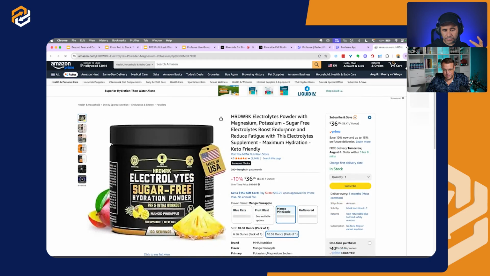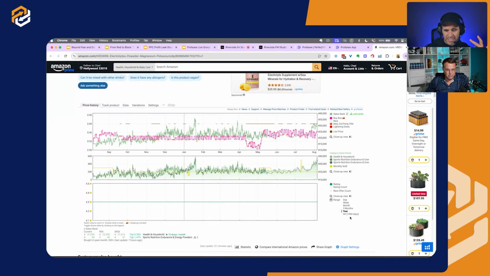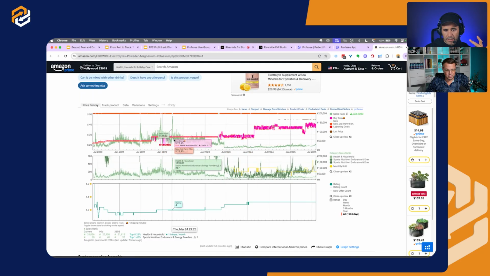Now, if you looked at the actual Keepa and scroll down, you can see the Keepa chart here. This specific brand never changes price. Rarely do they change price. Sometimes they run a deal. They don't even know why they're running deals, the brands that I talk to. So what we do is we came in, we start to test and discover what the market could absorb.